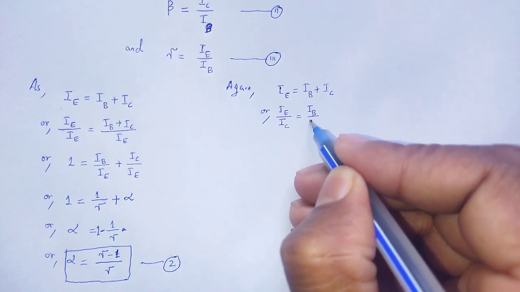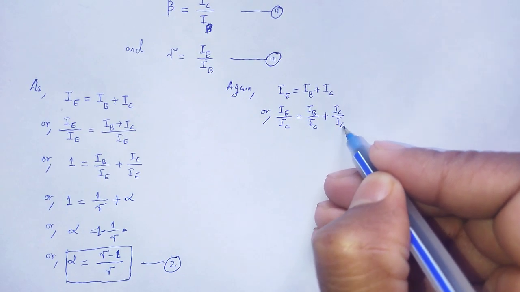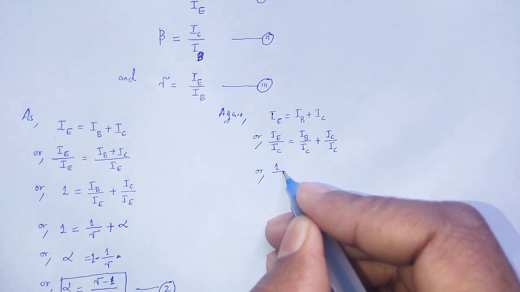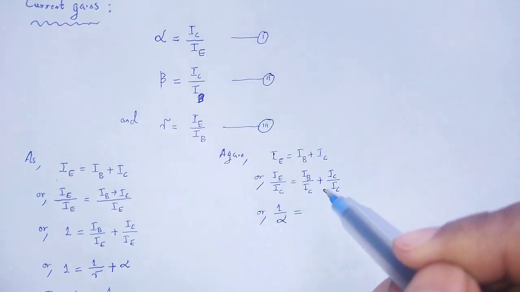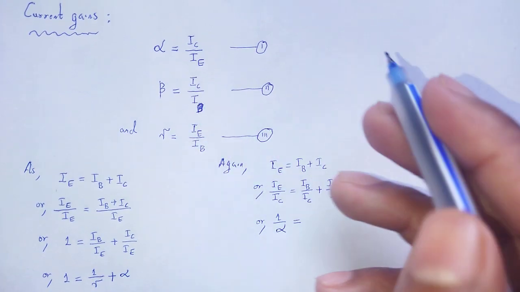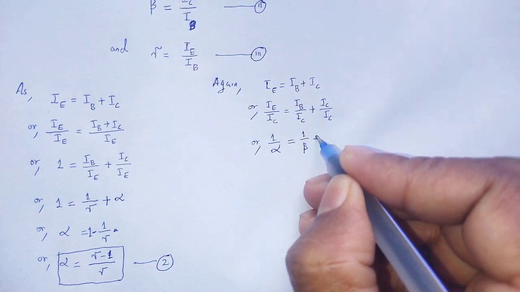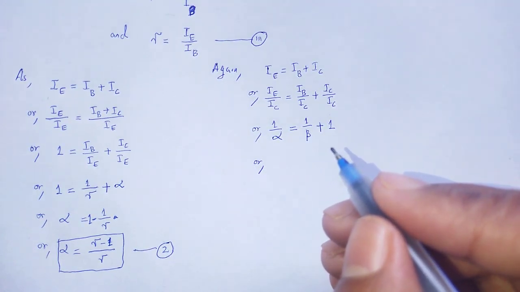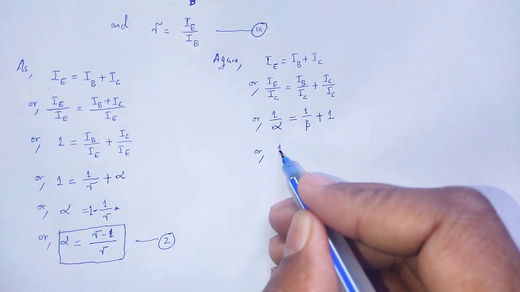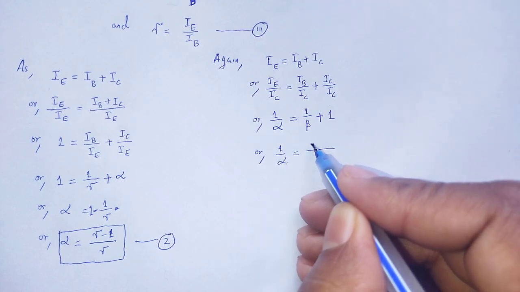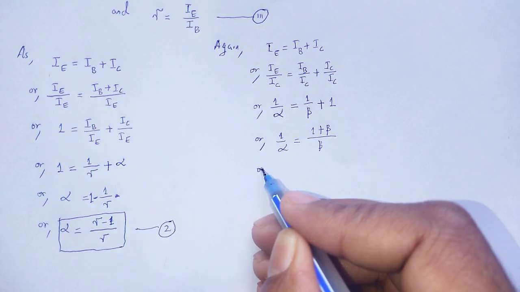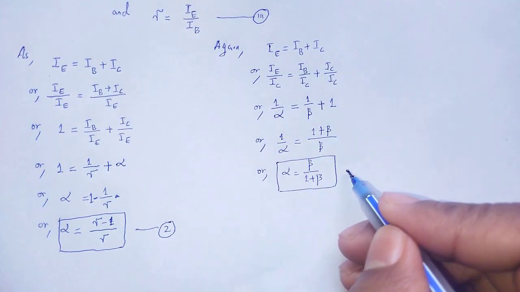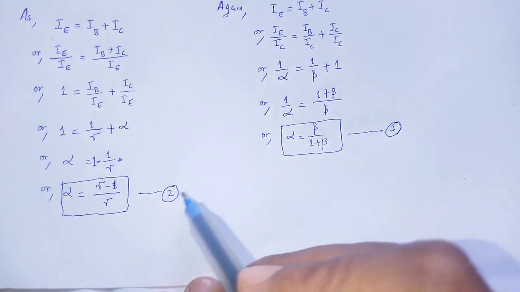So we obtain IE by IC, which is 1 by alpha, is equal to IB by IC, which is 1 by beta, plus IC by IC, which is 1. Taking the LCM, 1 by alpha is equal to 1 plus beta over beta, or alpha is equal to beta divided by 1 plus beta. Equation number 3.